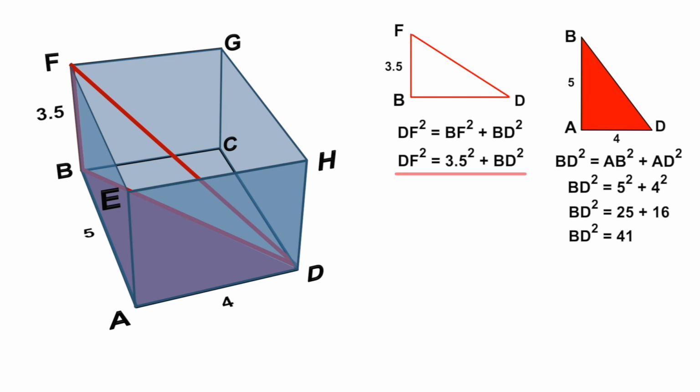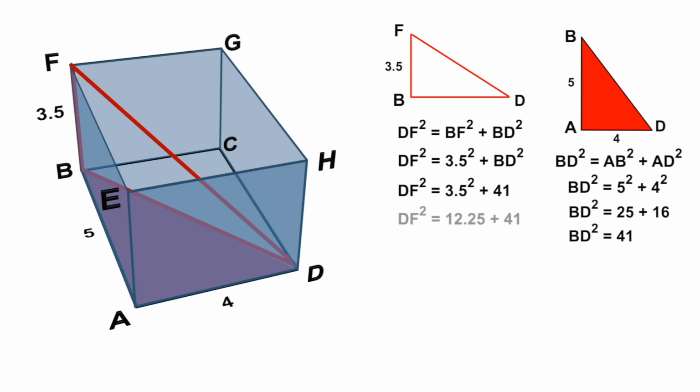I'm going to go back to the calculation DF squared is equal to 3.5 squared add BD squared. We have just worked out BD squared, which is equal to 41. So DF squared is equal to 3.5 squared add 41. 3.5 squared is 12.25.